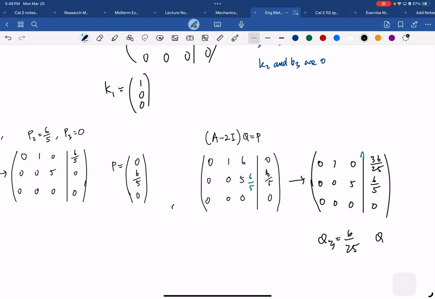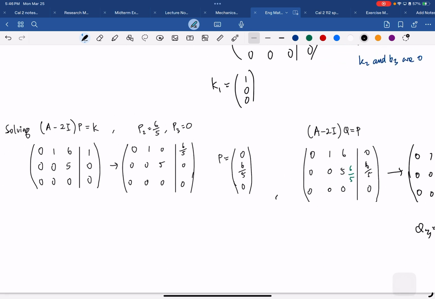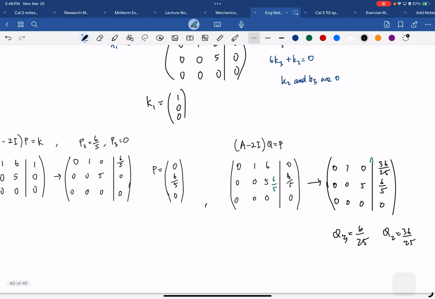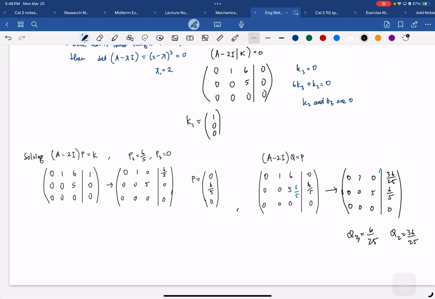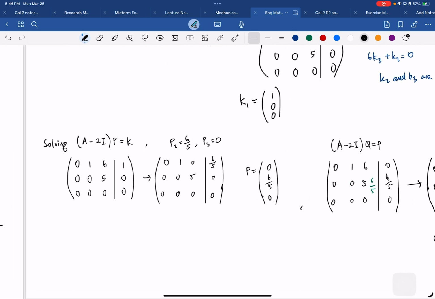Sorry, Q2 is 36 over 25. Well, I think this is a bad number, and it's not easy to compute with fractions like this, so we can choose another number.